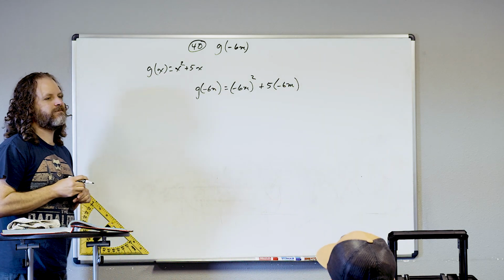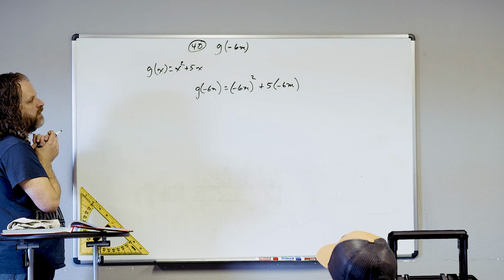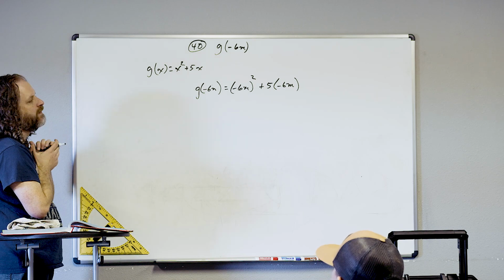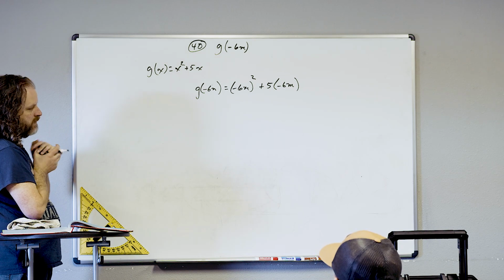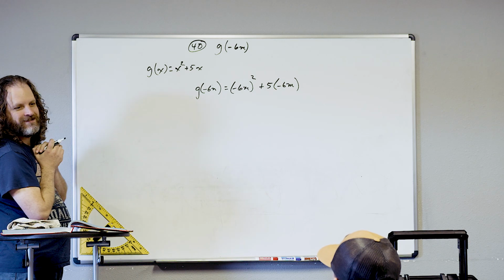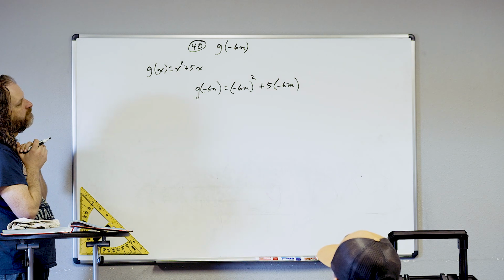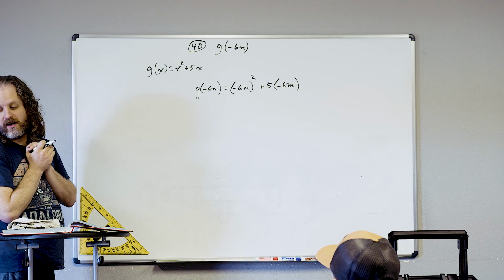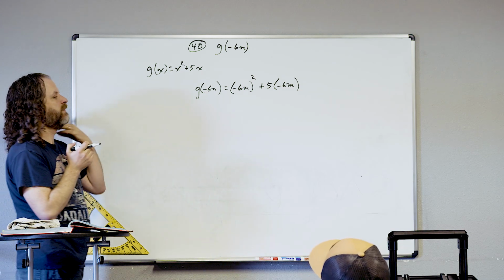Now what? Oh, it's squared. So what are we going to do there? 6 squared is... well, that's 6 times 2? No, it's 6 times 6, right? The number times itself is squared. What is it?